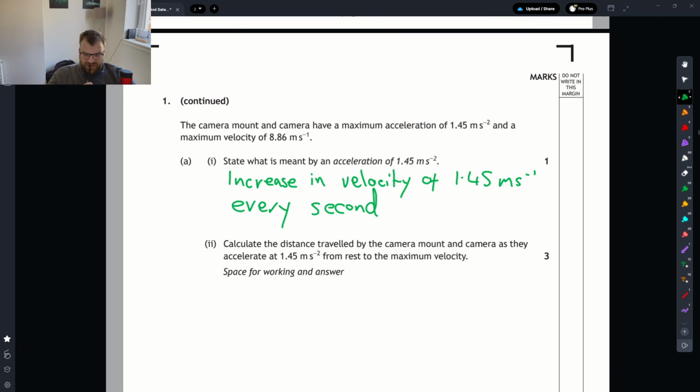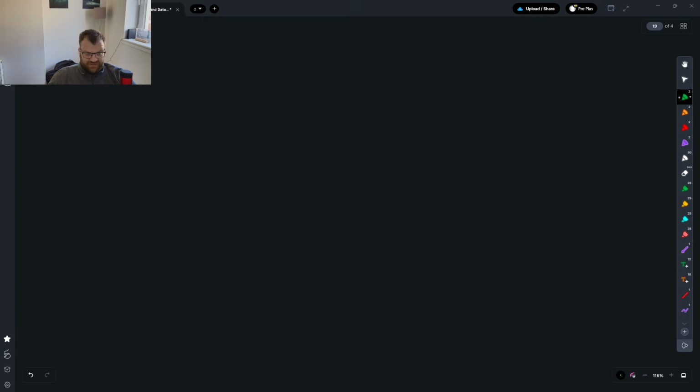Next up, we are asked to work out the distance travelled from rest to maximum velocity. Okay, so we've got maximum velocity, we've got rest, we've got acceleration, and we're asked for a distance.